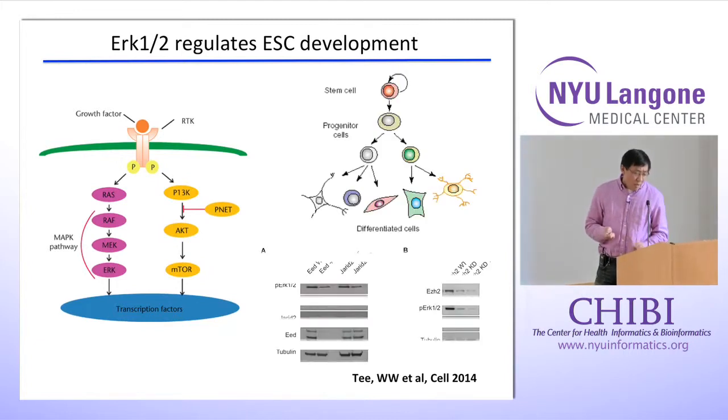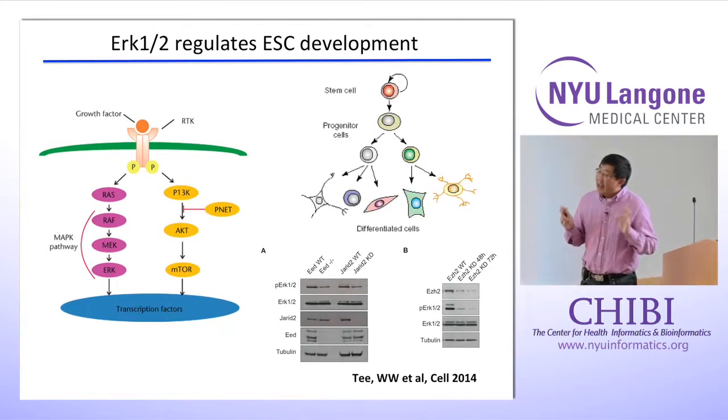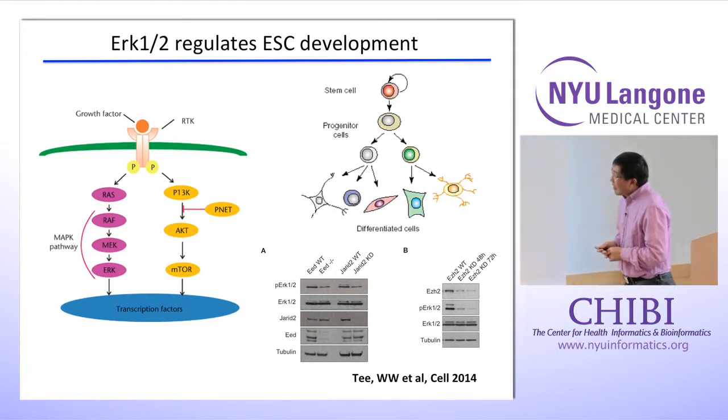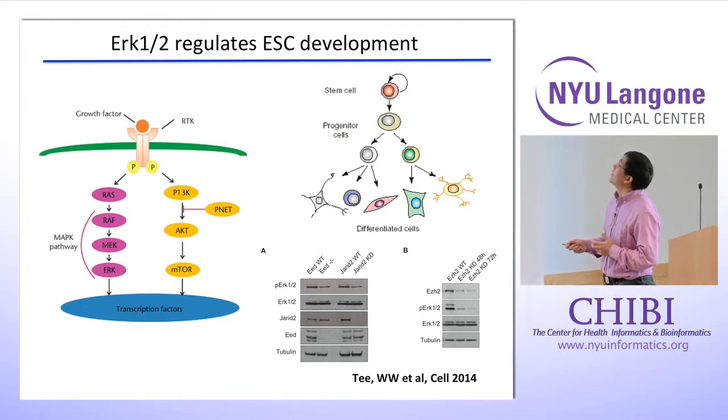So what we had found is that this ERK protein, the phosphorylated protein, has to do with another two proteins, one called Jarid2, another called EZH2.